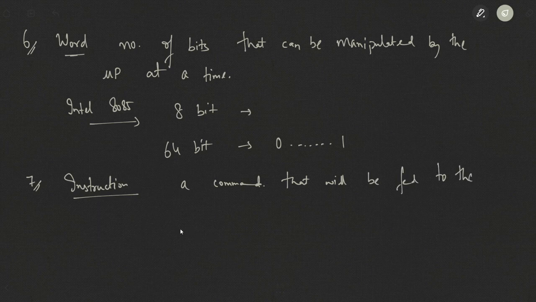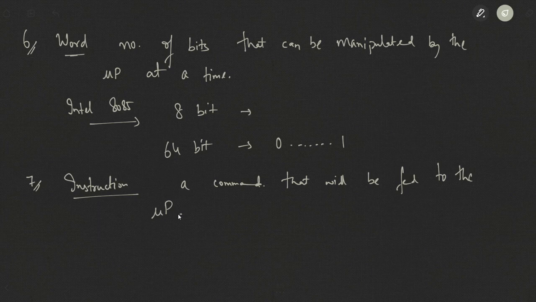This instruction will be fed to the processor through accessing the memory and the input device, and this command will help us actually execute the information. What the task of this microprocessor is actually defined in the instructions. Some of these instructions may be designed with only one word, or it may be a number of words that will be used to design an instruction for a microprocessor.